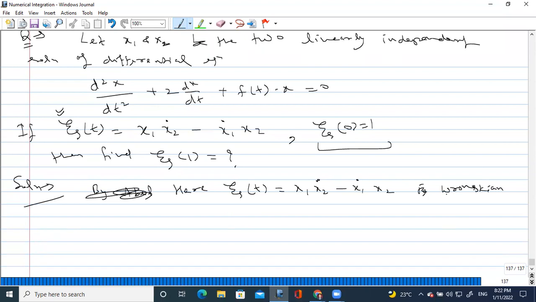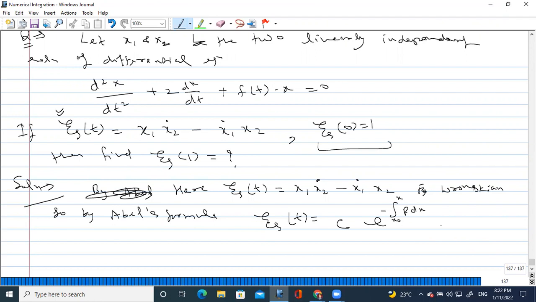So by Abel's formula, xi(t) will be equal to c e to the power minus integral of p dx, with limits x0 to x.